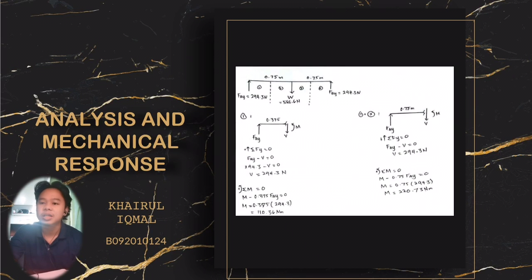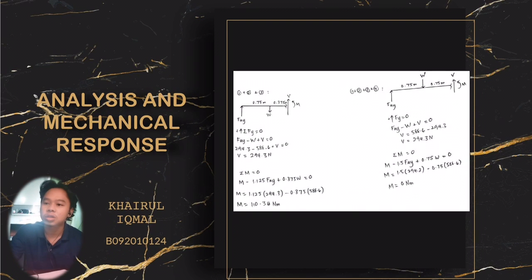Next, for the analysis and mechanical response, we divide into 4 sections for the swing playground. The first one is we need to find the shear force and the bending moment. At the first section, we got 294.3 Newton for the shear force, and the bending moment we got 110.26 Newton meter.